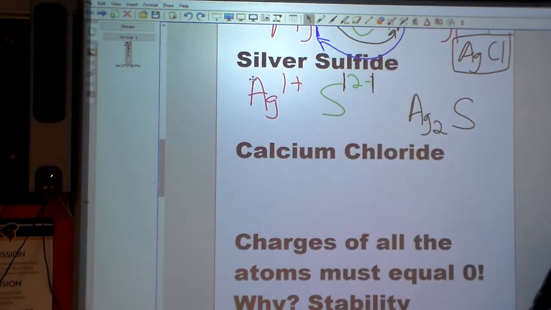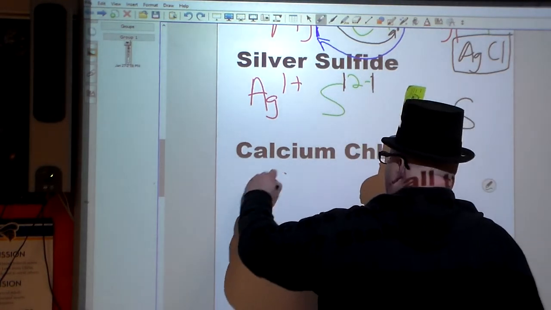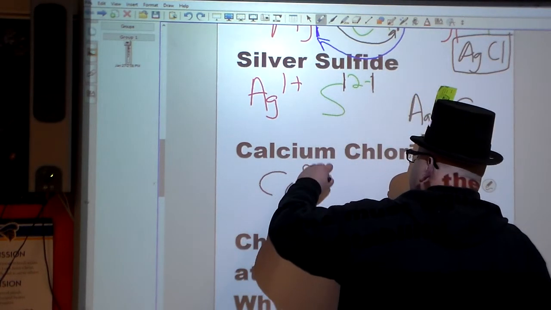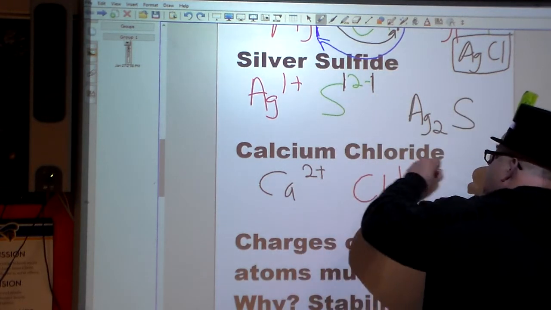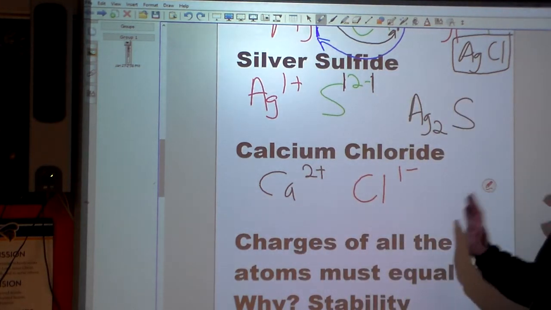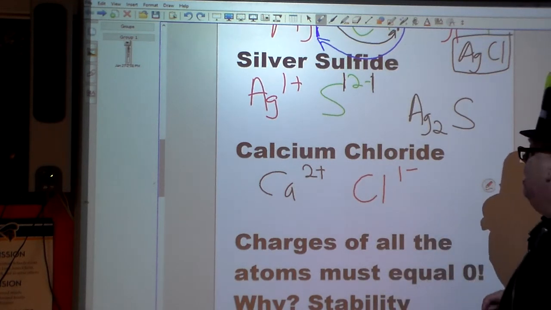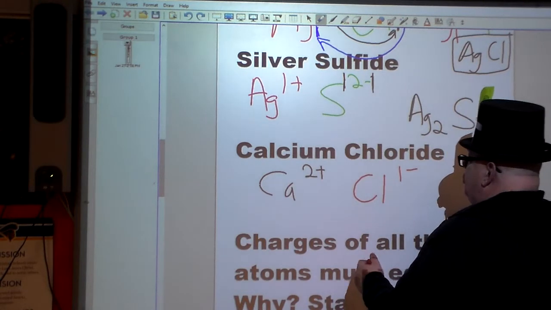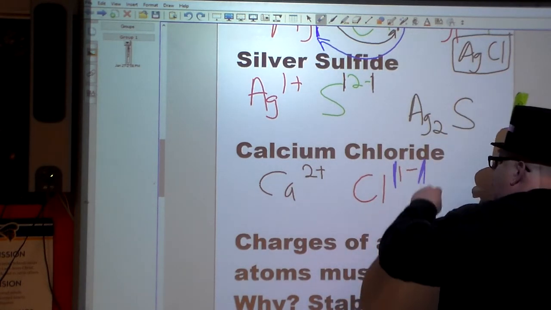Hey, how about calcium chloride? Okay, well, in the interest of speeding things up, we're going to go ahead and say, here's calcium with a +2 charge, okay, and here's chlorine with a -1 charge. I did cheat, I do know this from the ion chart, but again, we're going to do the same thing with the crisscross, okay?